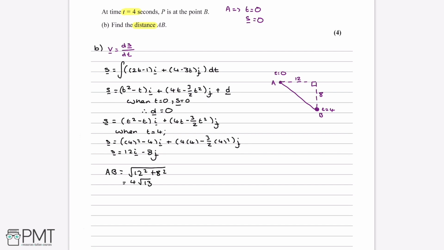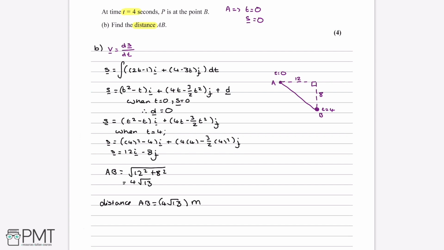And that is our length of AB. So we can say that the distance AB is equal to 4 root 13, and if we want to add a unit on, it's 4 root 13 metres.